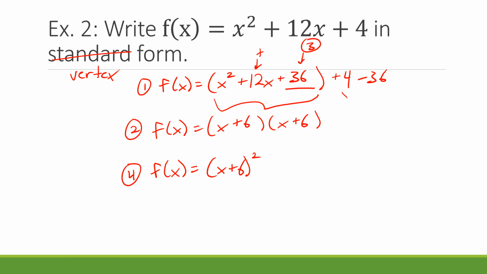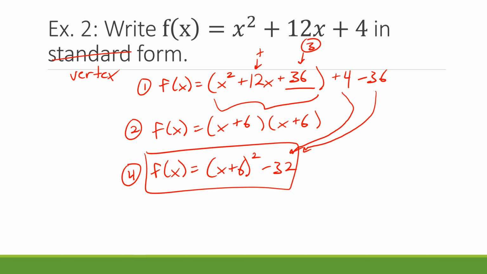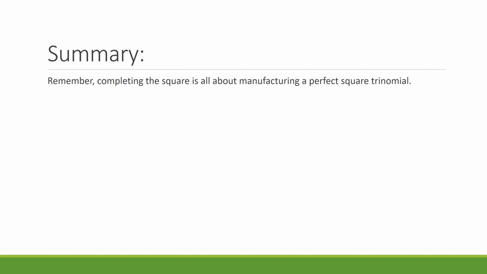And don't forget to combine like terms. 4 minus 36 is minus 32. Voila, here is my equation. And keep in mind, this is in vertex form, so we can very easily see, hey, the vertex, negative 6, negative 32.